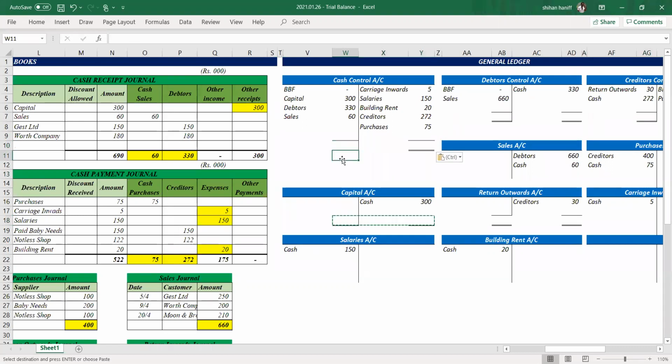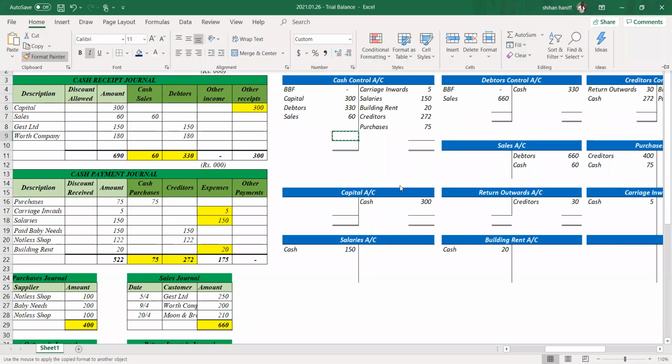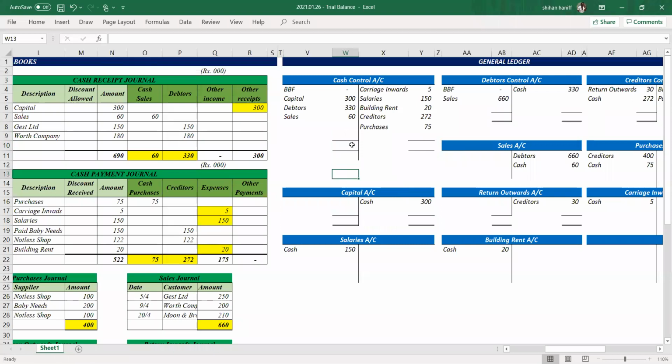And if we balance the cash book, total cash receipt 690, and 168 is the balance carried forward.